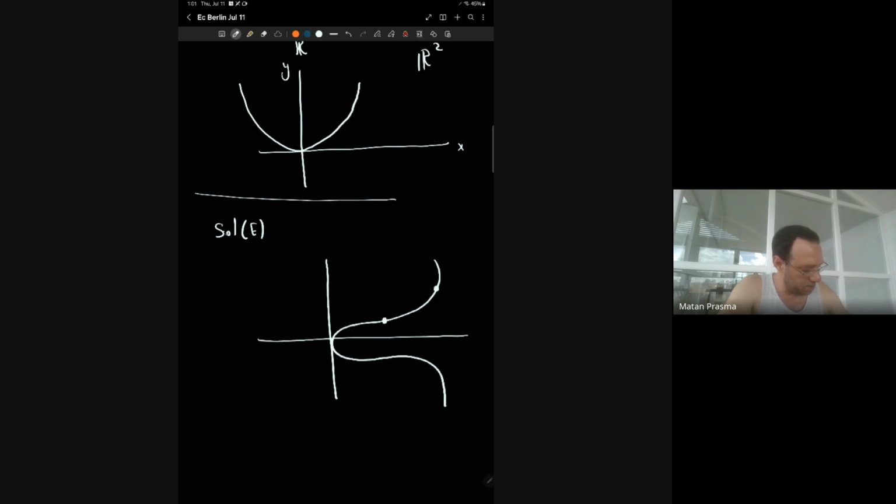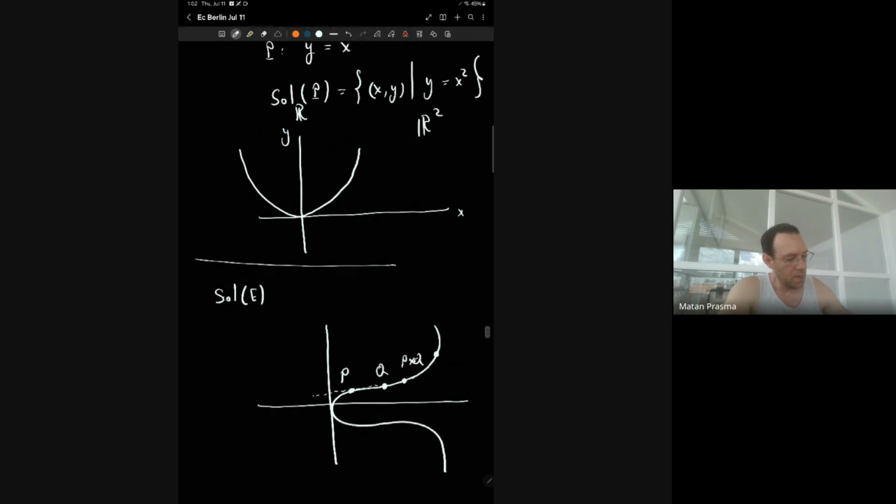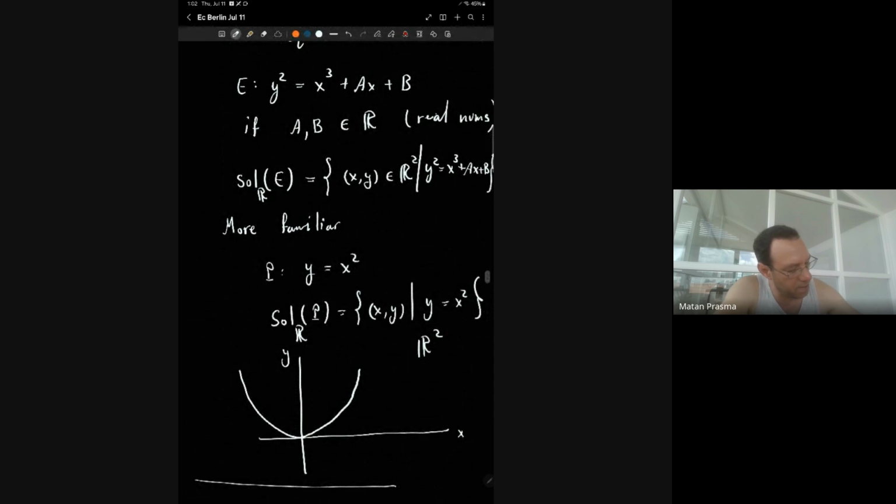The binary operation is quite simple. Let's say you take two points, P and Q. You draw the line between P and Q. This line has to intersect the curve in a third point, which I would call P star Q. The reason it has to intersect the curve in another point is because what we have is a degree 3 polynomial, and a degree 3 polynomial typically intersects a line in 3 points.